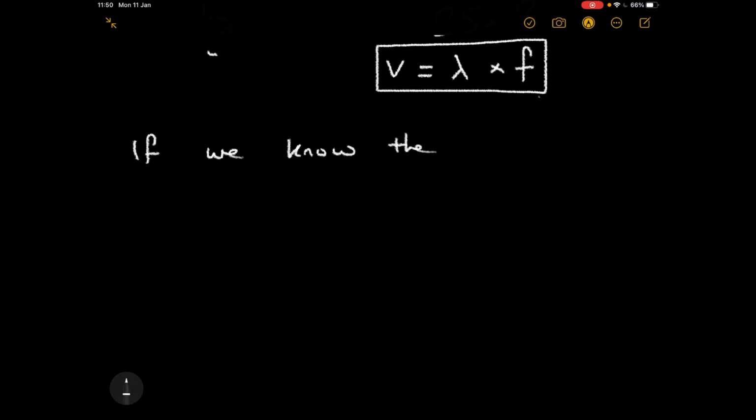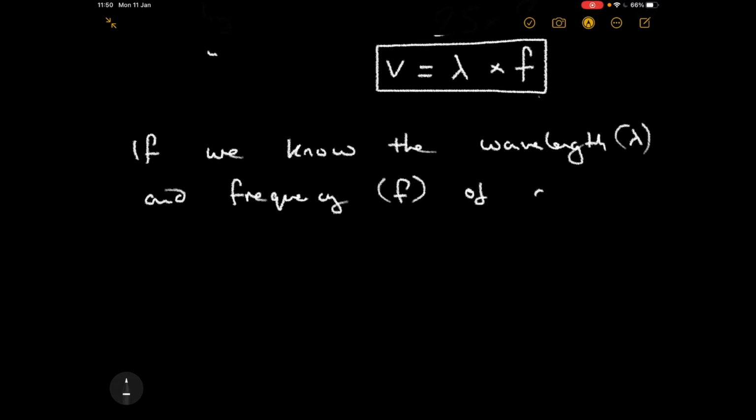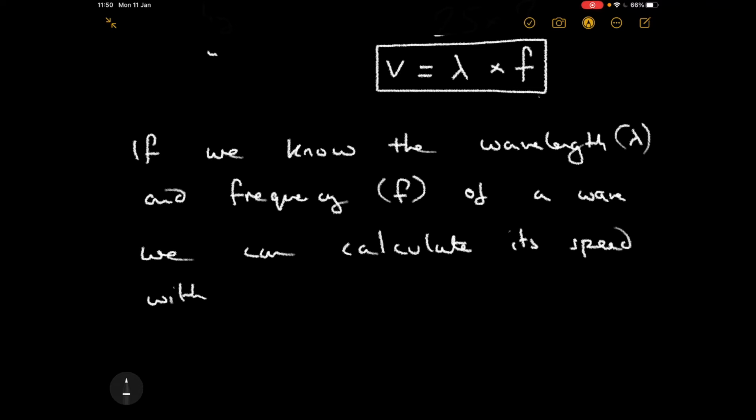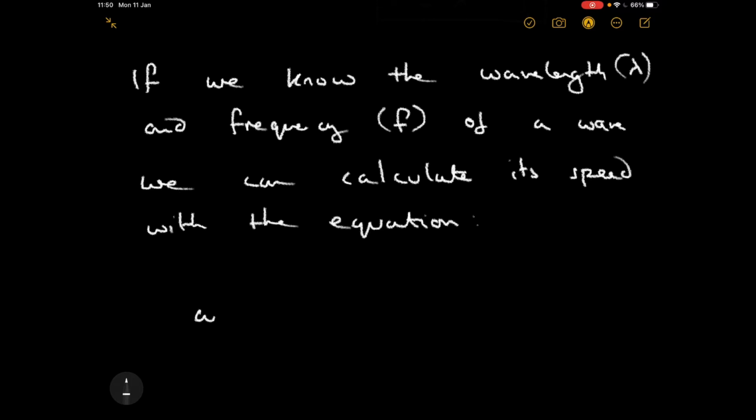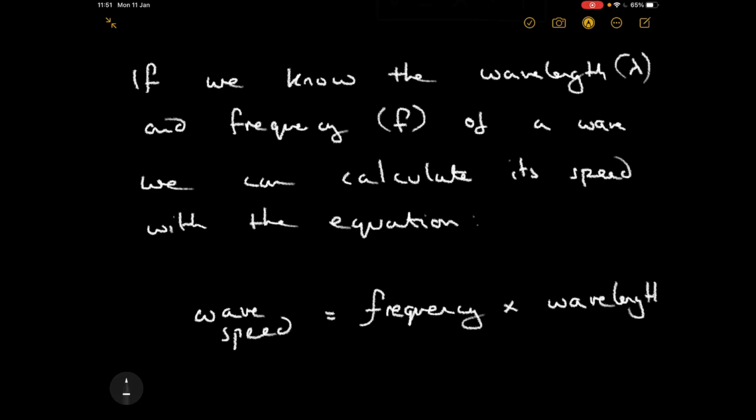If we know the wavelength, lambda, and frequency, f, of a wave, we can calculate its speed with the equation: wave speed equals frequency times wavelength.